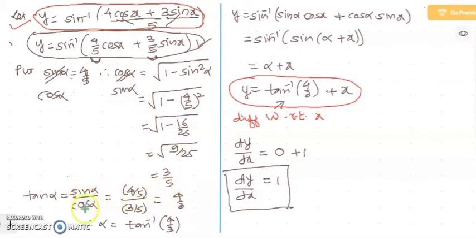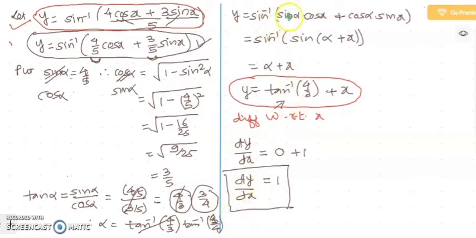Then this sine alpha upon cos alpha would have been 3 by 5 upon 4 by 5. That would have become 3 by 4. This would have been different. Now tan inverse 4 by 3 would have become, sorry, tan inverse 3 by 4.